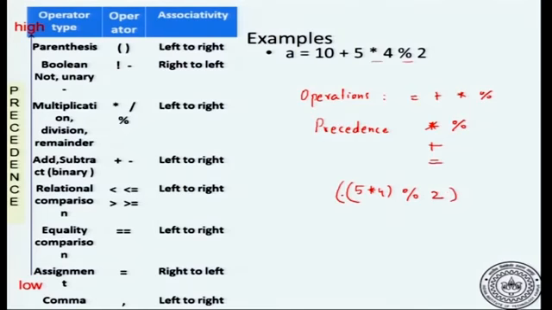And then this will be followed by 10 plus. And finally, you do all these operations, get the value and assign it to A. This is the way in which the above expression will be evaluated.